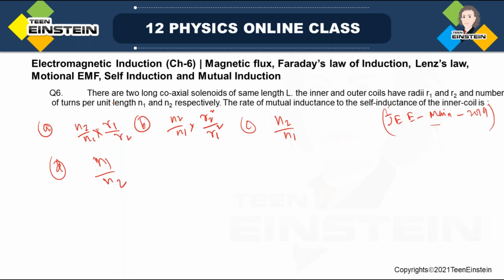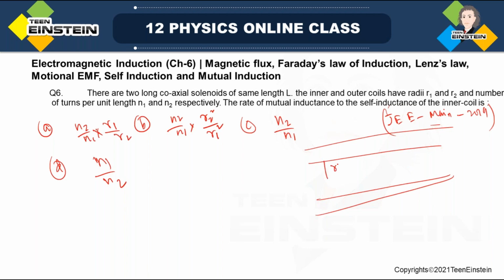The question is, there are two coaxial solenoids of same length L. Coaxial solenoids, we have already read in the textbook. Suppose the inner one has radius R1 and the bigger one has radius R2. The numbers of turns are N1 in the inner one and N2 in the outer one.